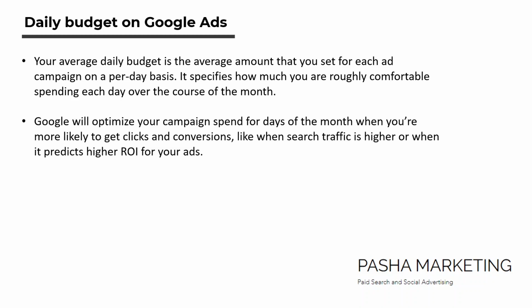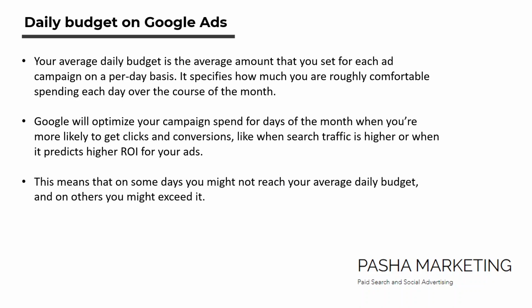Google will optimize your campaign spend for days of the month when you are more likely to get clicks and conversions, like when search traffic is higher or when it predicts higher ROI for your ads. This means that on some days you might not reach your average daily budget, while on some other days you might exceed it.